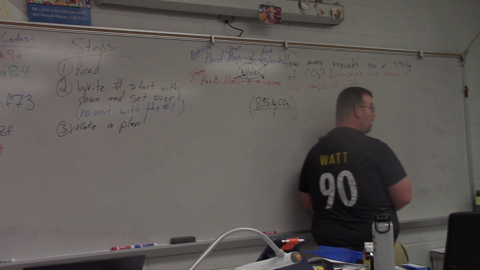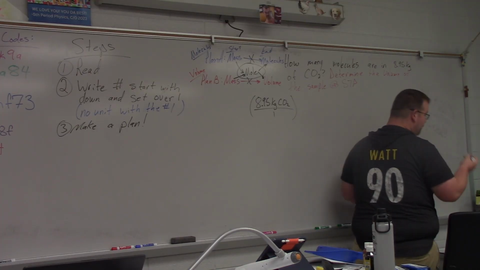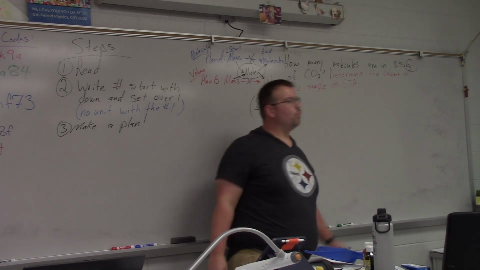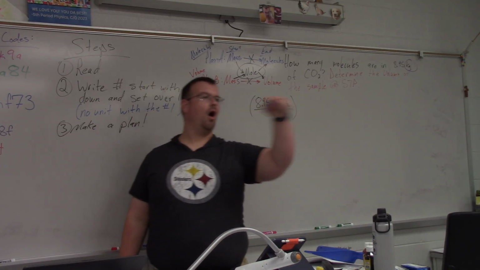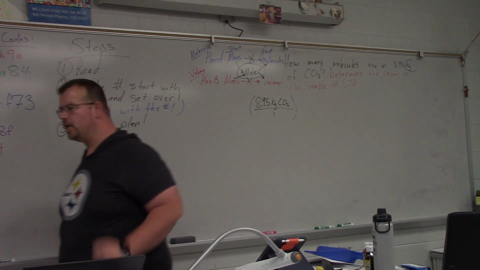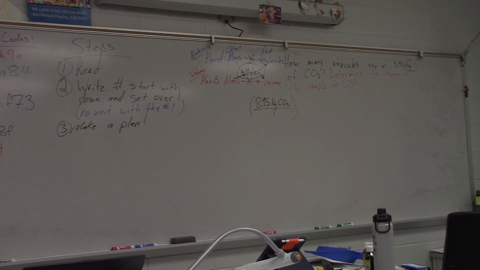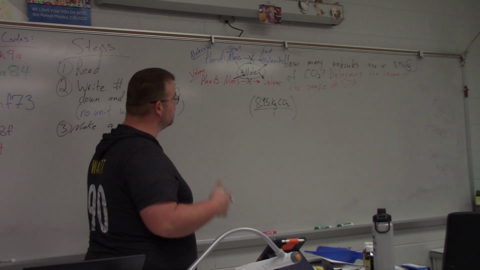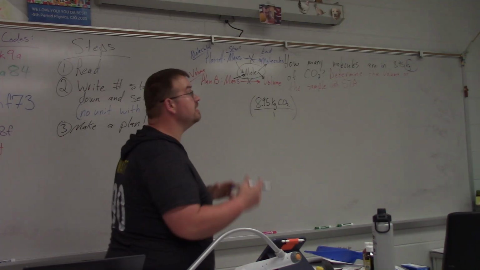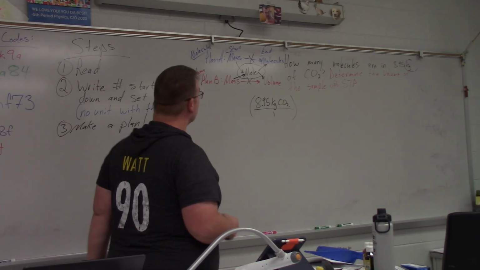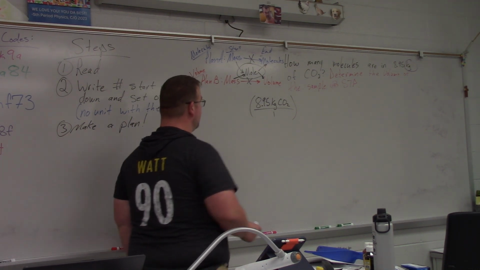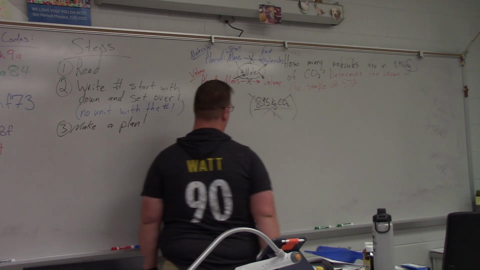Mr. Hall set you up for a, ha-ha, I got you. Kilograms. When it comes to mass, off the periodic table, what is the unit? Grams. It cannot be kilograms because it's grams per mole. So, we can't do that. This is not an option.